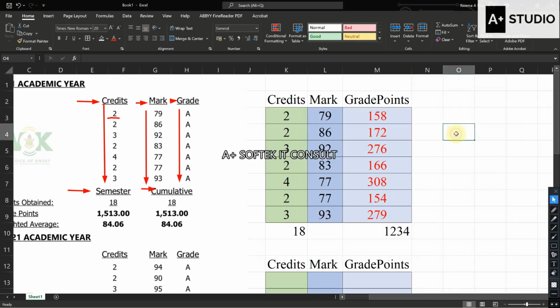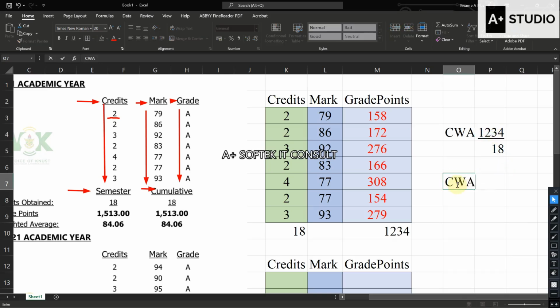With this, we said that CWA is equal to the sum of the grade point total. Let me copy this value here, 1 2 3 4, divided by 18.